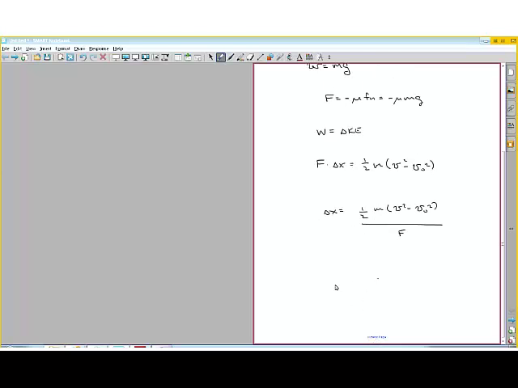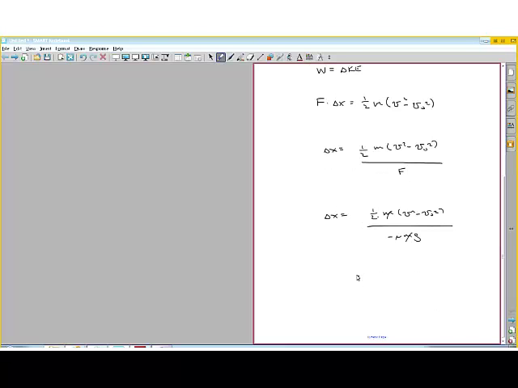And what I'm going to do this time is just substitute and cancel stuff out. So we get 1/2 m (v squared minus v0 squared), all divided by negative mu m g. The m's cancel out. Then v is 0. The negatives cancel out at that point.